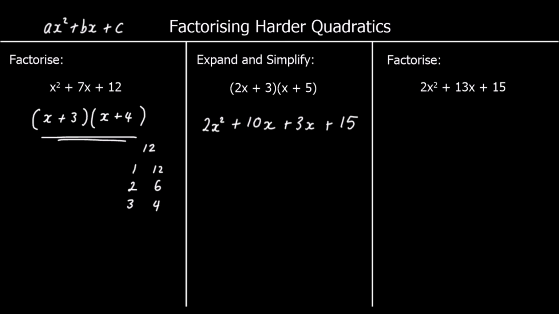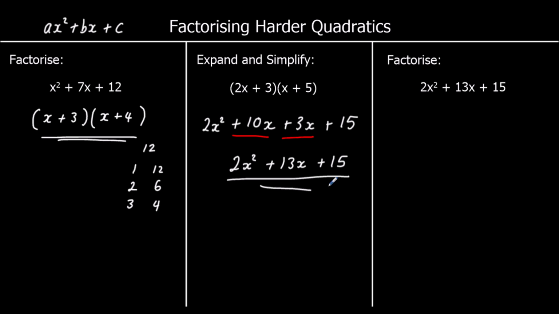Then we're going to collect our like terms. We've got 10x and 3x, which we can add together to give us 13x. So we've got 2x squared plus 13x plus 15. And that is our answer.